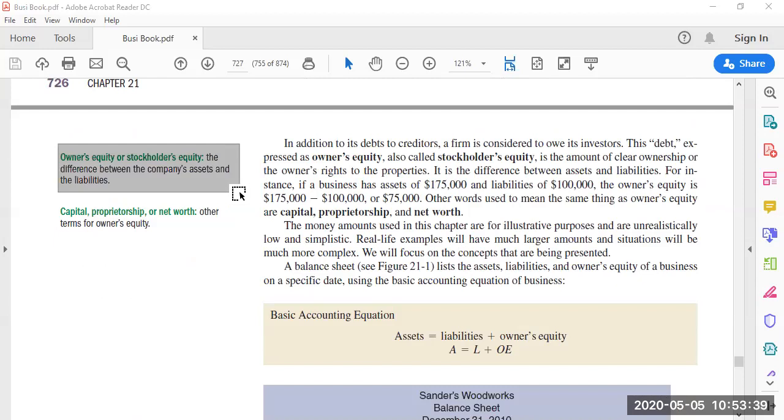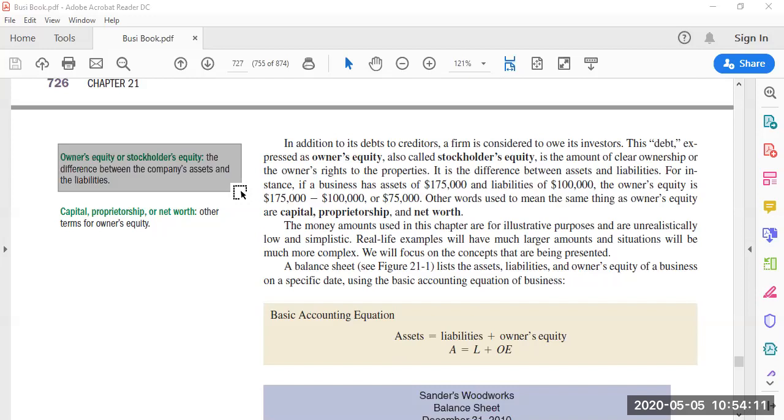So, if the company is a private company, then we call it owner's equity. But if the company is a publicly held company, they sell stock, common stockholders purchase ownership in the company. So instead of calling it owner's equity, we would call it stockholders' equity.